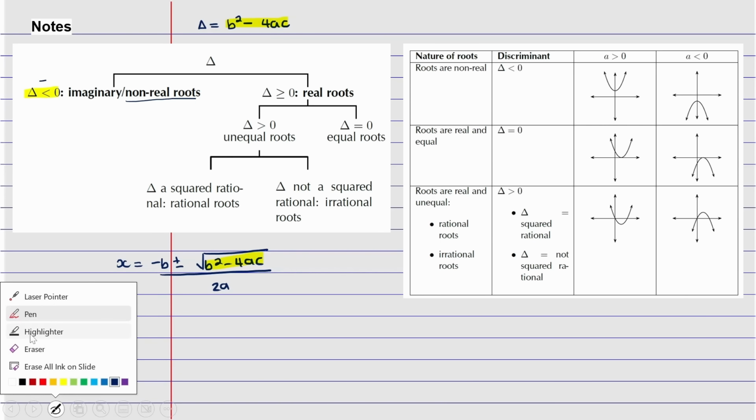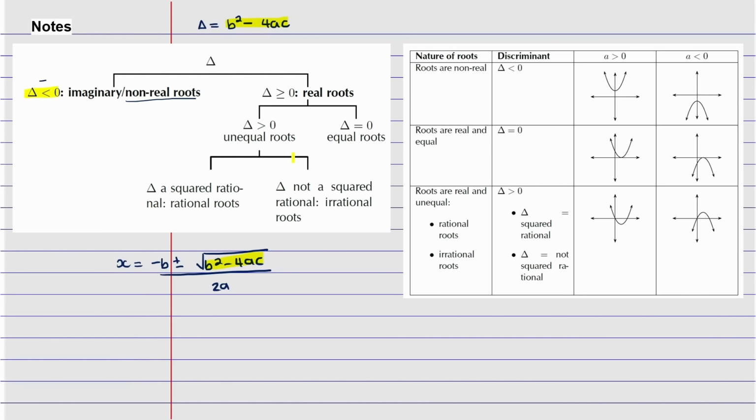Then we move to another side of the branch. When it's less than, we have the opposite side where it's greater than or equal to. This is when there are real roots, considered when delta is greater than or equal to 0. But that is divided into two parts: when it's just greater than 0, meaning the roots are unequal, and when it's equal to 0.